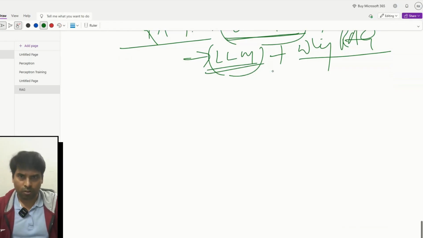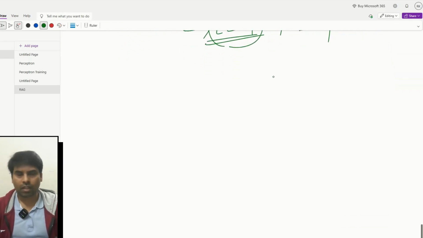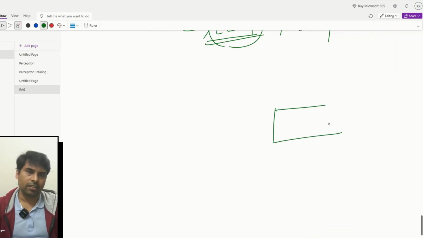Now I'm going a little bit technical on how it works. Let me explain that. If you're building any RAG application, suppose this is my LLM. Any RAG application has a context, also called a vector database. We have to store our context somewhere.